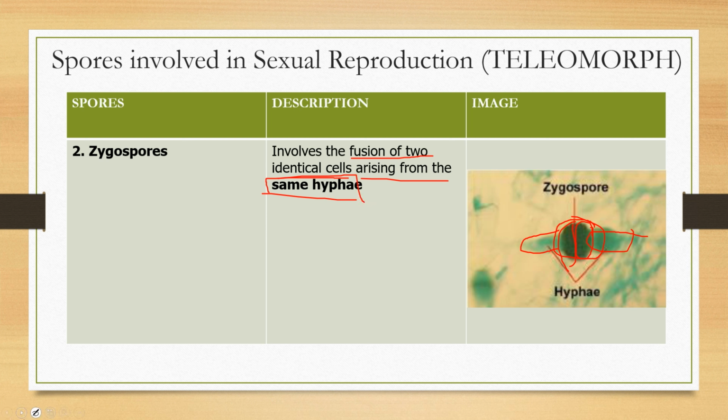Same hyphal structure sila. Within the hyphae, two cells fuse together, forming the zygospores. So zygospores are two identical cells arising from the same hyphae.